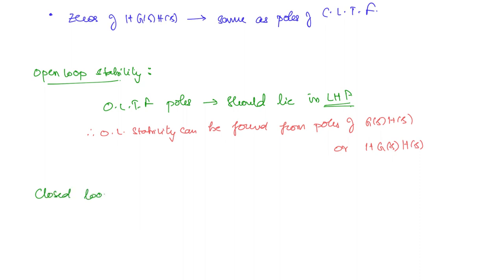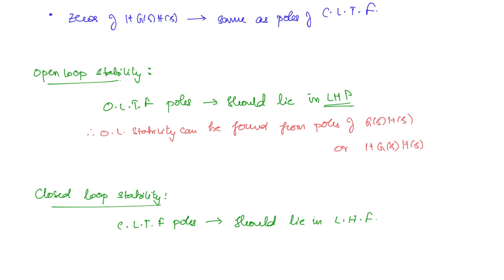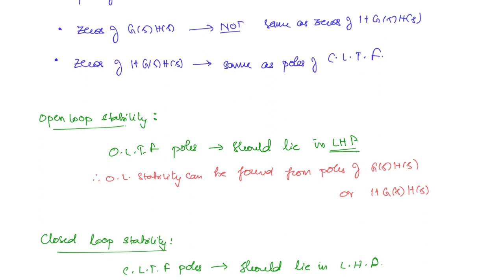Next is closed loop stability. Like the name goes, we are talking about the closed loop transfer function here. The closed loop transfer function poles should lie in the left half of the S-plane. That is when the closed loop is said to be stable. Once again, the poles of the closed loop transfer function are the same as the zeros of 1 plus G(s)H(s).